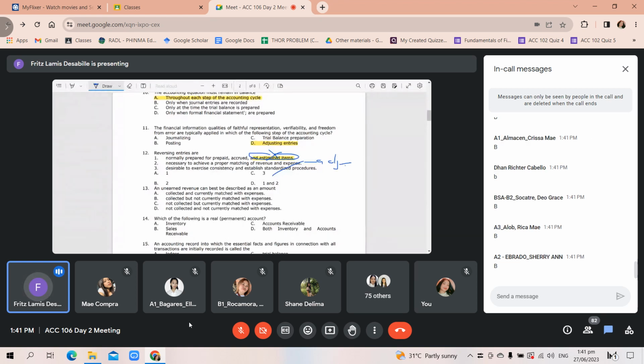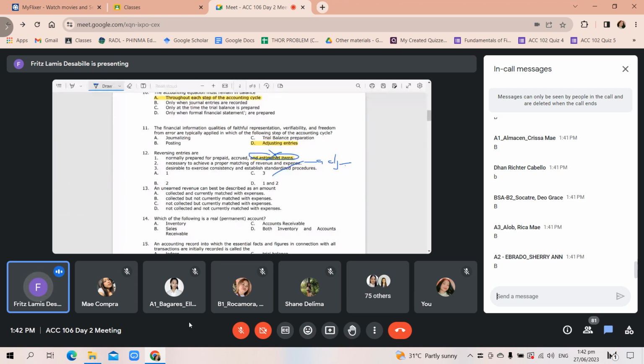So why is it worded this way? Di ba, when you are incurring, say for example, when you are incurring for services, there is cost incurred. Say for example, kung computer technician ka, so dili pa, unearned pa ka.